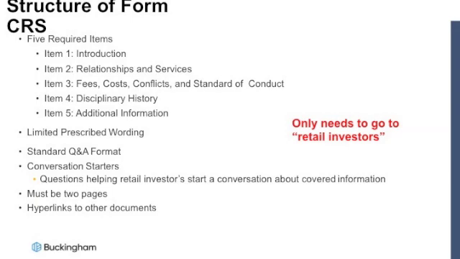Let's think about other parts of our business that may not need to receive this document, right? Things like our retirement plans that we may service, or those institutional clients we have. Again, think about the retail investor side of this, those aren't human investors. So they do not fall under the scrutiny of Form CRS and do not need to receive this form. So with that in mind, let's jump in and take a look at Buckingham Strategic Wealth's Form CRS.